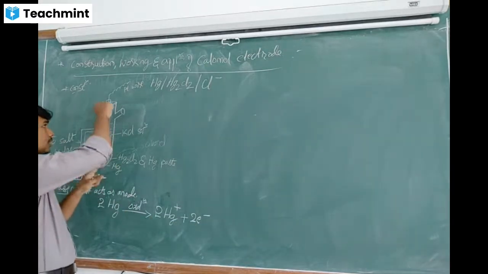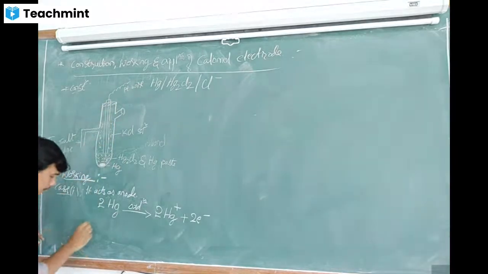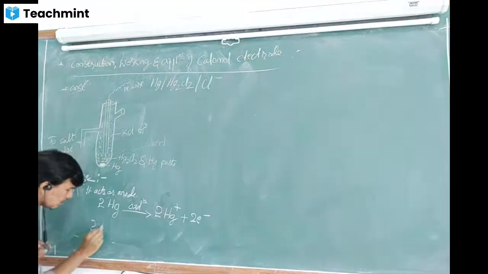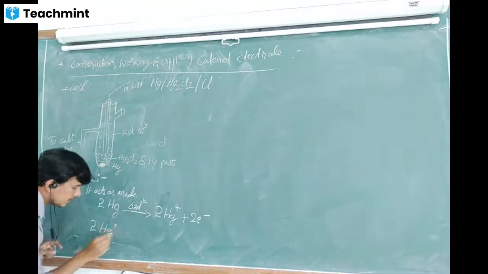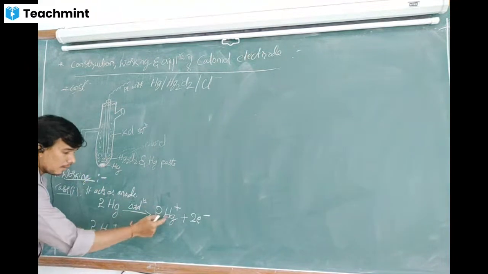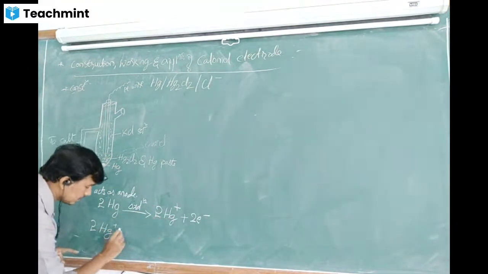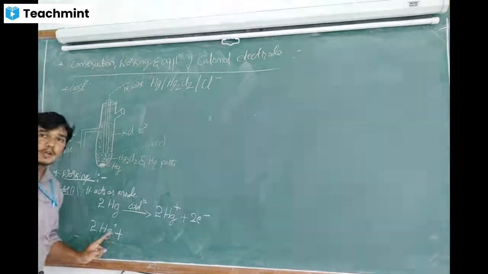Those 2 electrons are picked up by the platinum wire. Next what happens? So a metal ion is formed by the oxidation reaction. This metal ion will not remain alone.